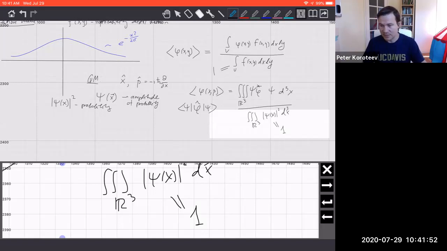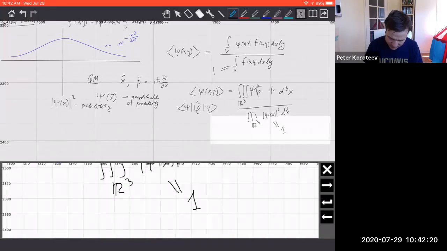So if you toss a coin, it can be either one of the two possibilities. So the total probability is 100%. It's either heads or tails. In, say, continuous probability theory, you have a continuum of outcomes, but you need to integrate them with weight, which is this probability function. And it should be normalized to 1.